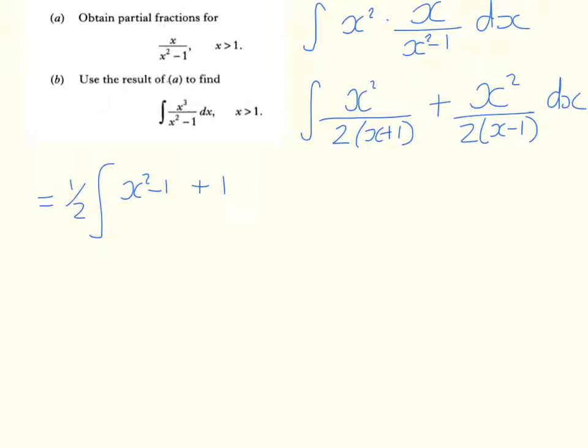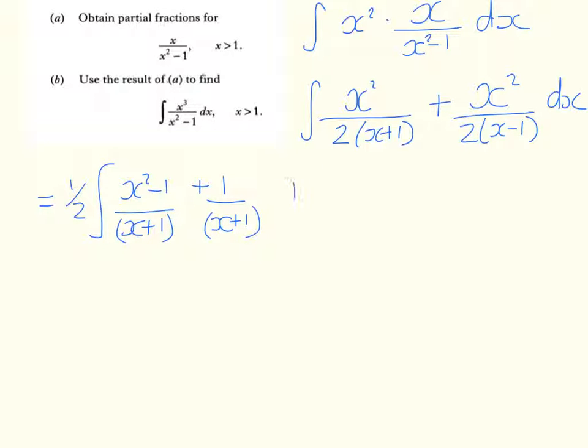And what that means is I can express this whole fraction as x squared minus 1 over x plus 1 plus 1 over x plus 1. I've taken the 2 out actually.